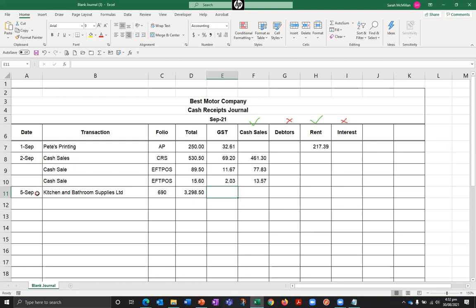Now, Kitchen and Bathroom Supplies sent us a cheque and a payment of their account. So we know that they are a customer, an on-account customer. We don't need to calculate GST. So we just use 00 in the GST column. And we go across to debtors and we transfer this amount to here. 3,298.50.